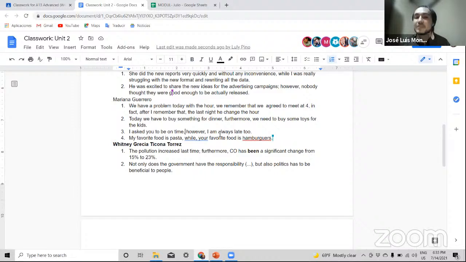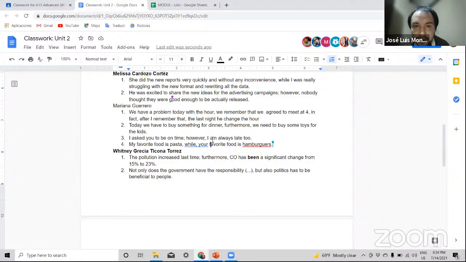Because it's a transitional word, we have to use at least a semicolon, all right? So it's going to be semicolon, however, comma, I am always late too. Then that will be good.